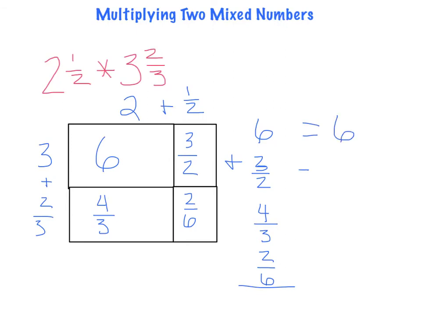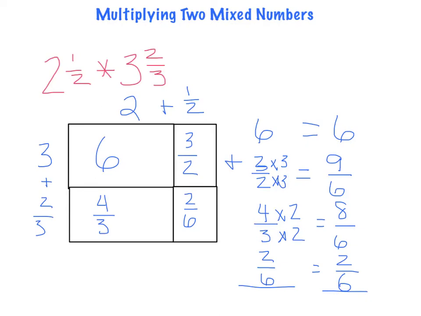So I'm going to turn 3/2 into 6 by multiplying by 3 over 3. So 9/6. 4/3 I'm going to multiply by 2 over 2. 8/6. And then 2/6. And I come up with, kind of ran out of space, 9 plus 8 is 17, plus 2 is 19.